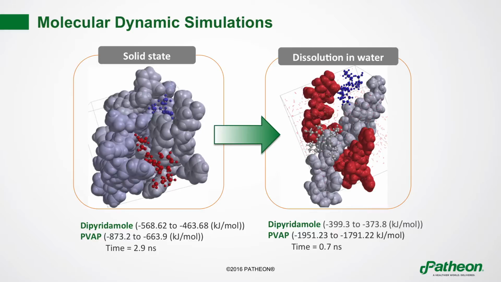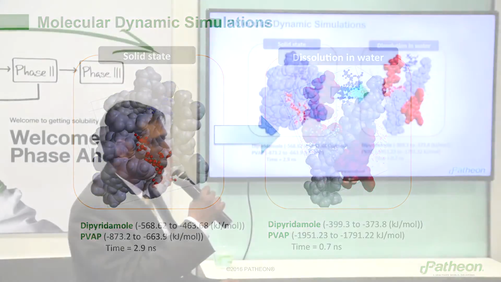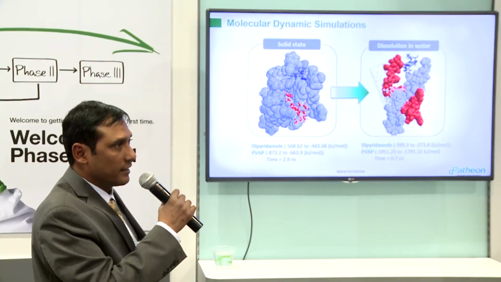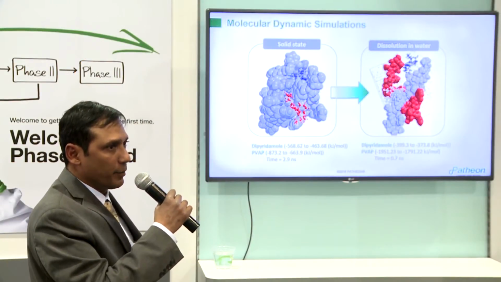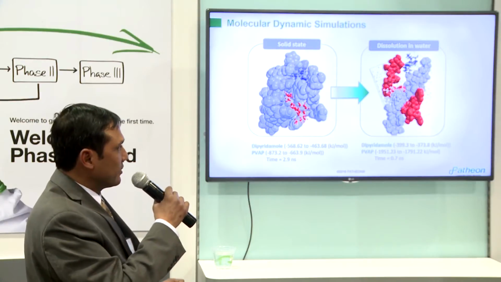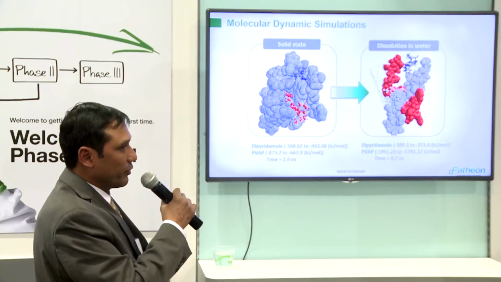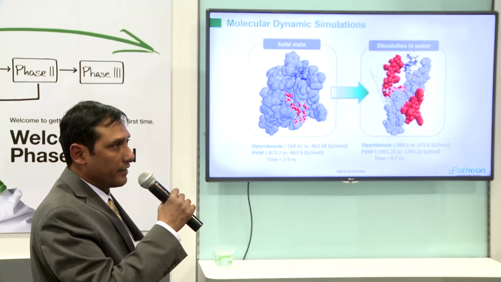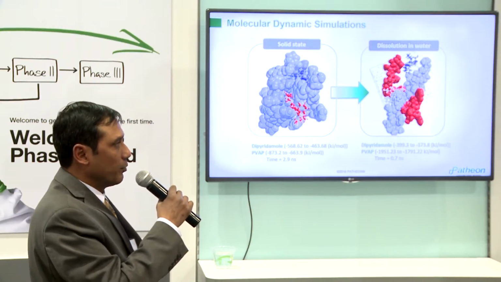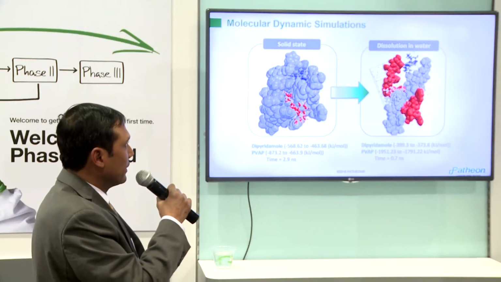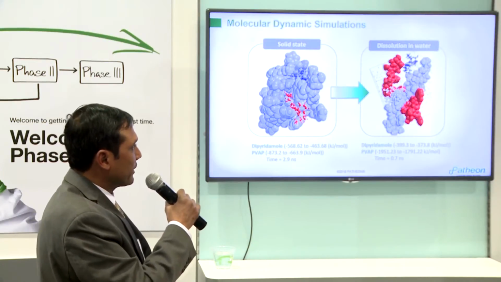And then we can also model a dissolution in water and how the drug and the polymer dissociate. These are all done at computational times of a few nanoseconds. These are all iterations done at the picosecond steps. So computationally they take a few hours to days. So we get insights into how a drug and an excipient would behave both in the solid state and the solution state.